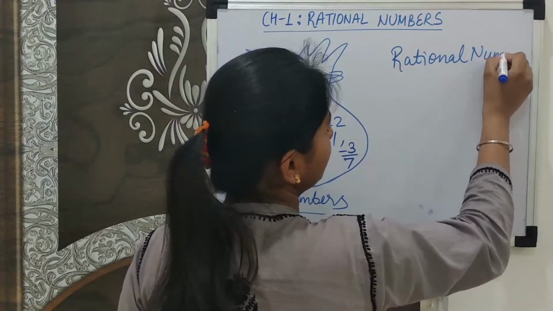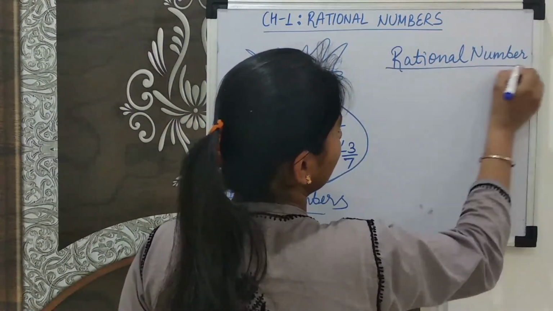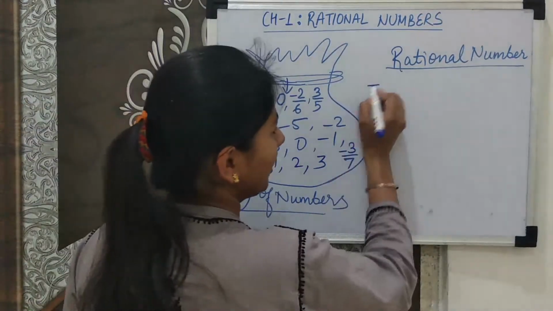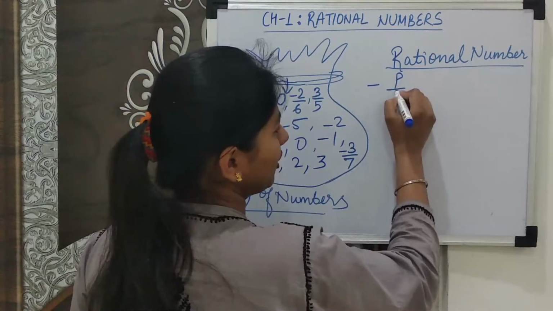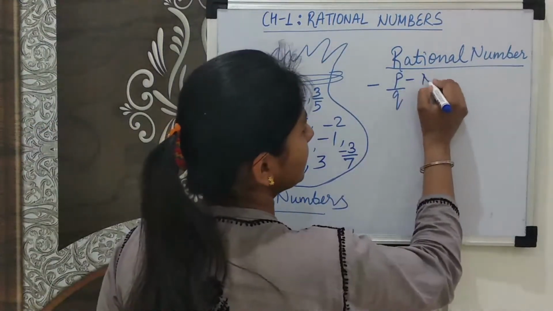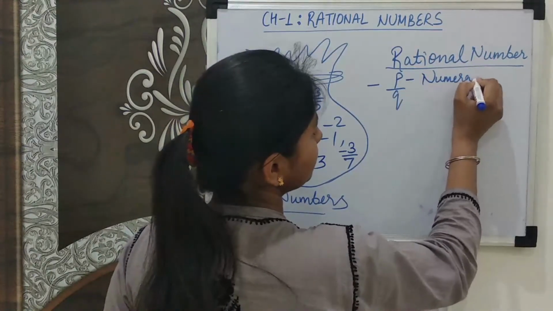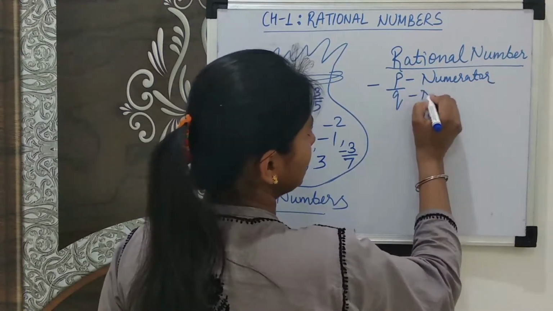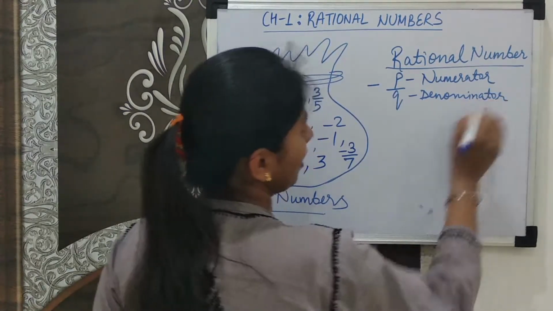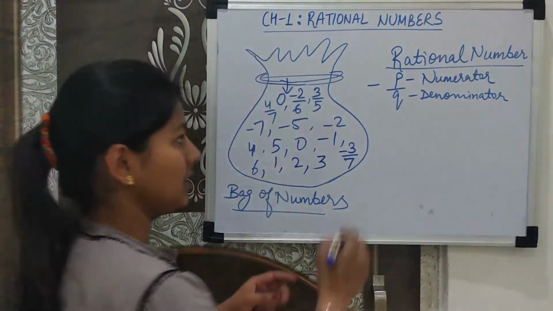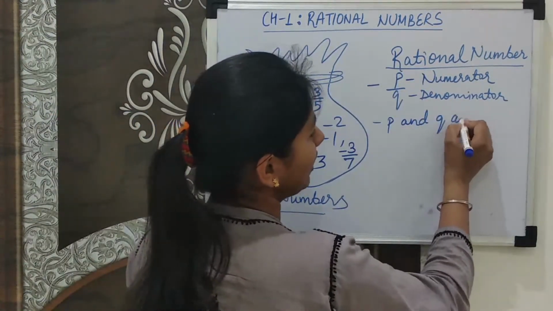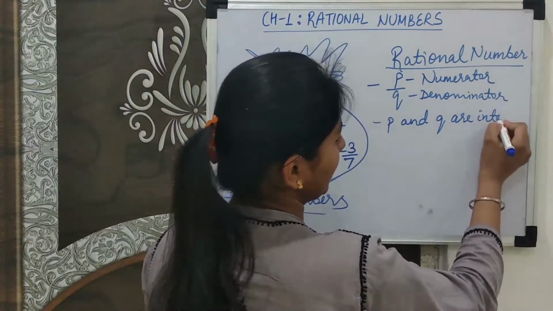So for any number to be a rational number, there are 3 important conditions. Number 1, it should be in the form of p upon q, where p is numerator and q is denominator. And the second condition is that this p and q are integers.